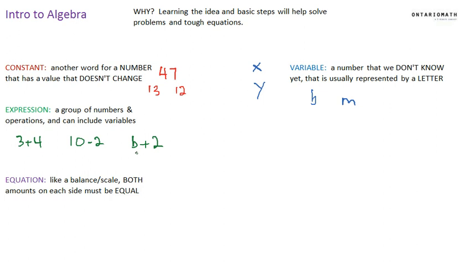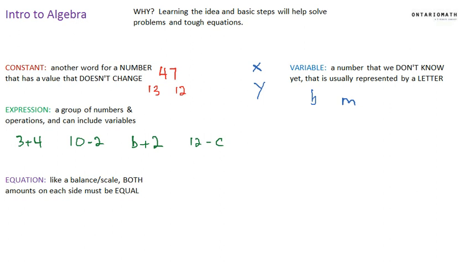Again, we don't know what b is. B can be 10, b can be 11, b can be 1. But b plus 2 is an expression. Or you could have 12 subtract c. I'm just adding numbers and variables and operation signs. You could multiply and divide as well, but that's an expression: no equal sign, just that part in itself.